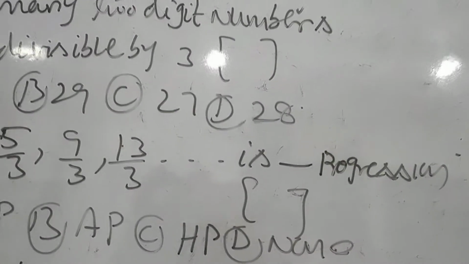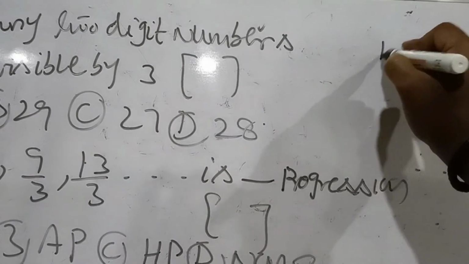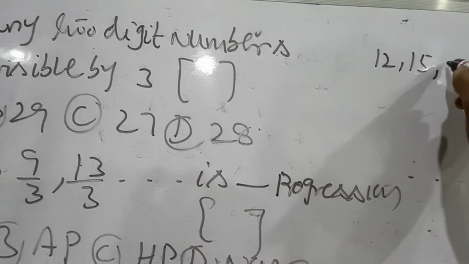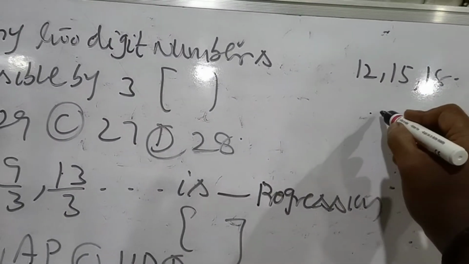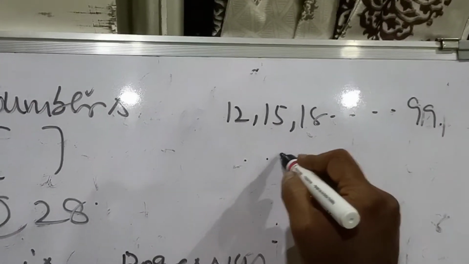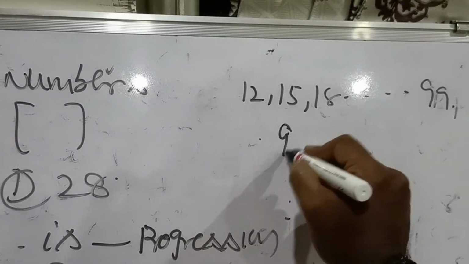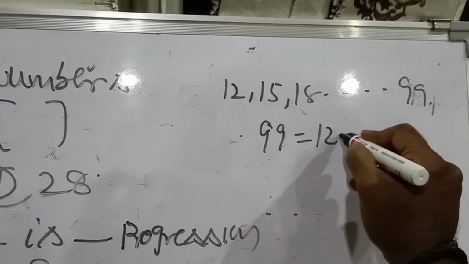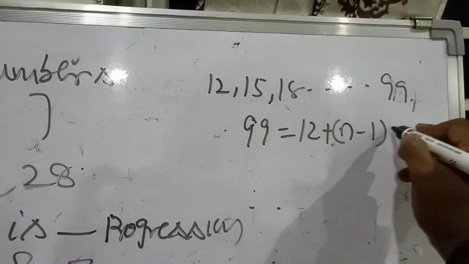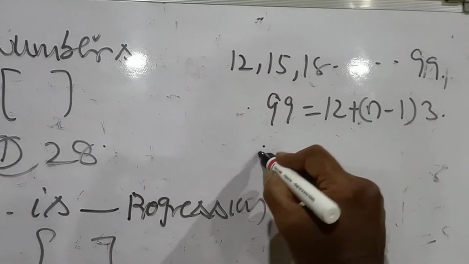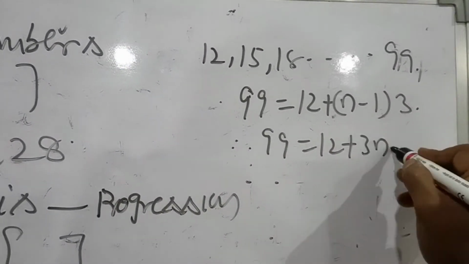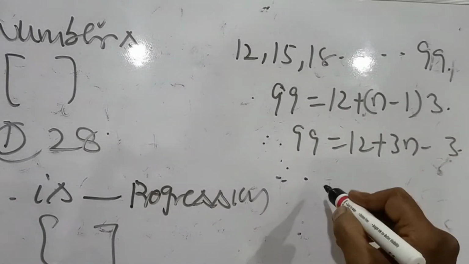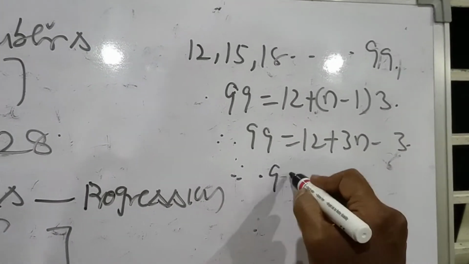That means 12, 15, 18 and so on up to 99. So according to the nth term, an is equal to a plus n minus 1 into d. Let the number of terms be n. 99 is equal to 12 plus n minus 1 into 3. 99 is equal to 12 plus 3n minus 3.